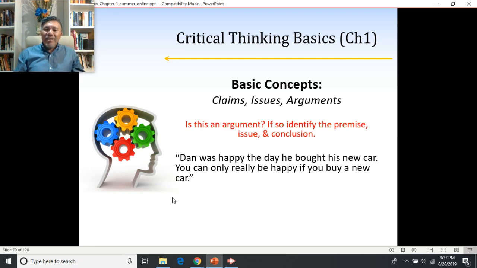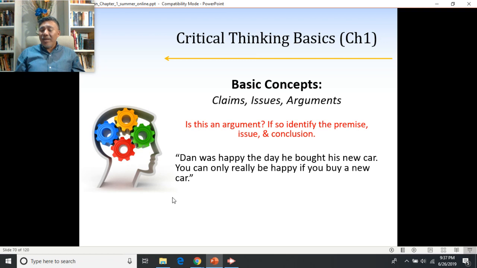Dan was happy the day he bought his new car. You can only really be happy if you buy a new car. Okay, so is there a main point here? Is there a main claim that somebody wants us to believe? Well, let's take a look at the first claim. Dan was happy the day he bought his new car. They're not really trying to convince us of that. They're just saying that, right? Let's look at the second claim.